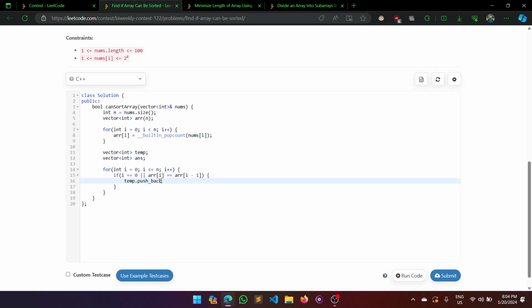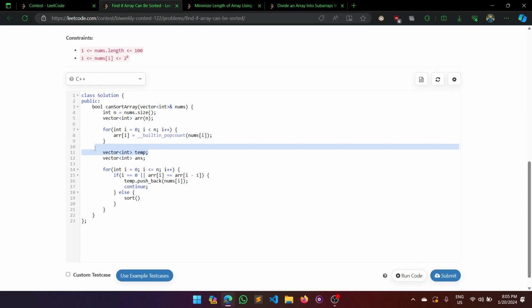Push what? nums of i. Else, if that isn't working, we'll sort it, or we can maintain a set instead, right? Yeah, we can insert into it directly.